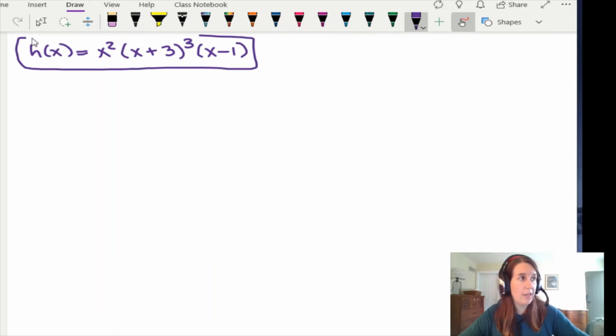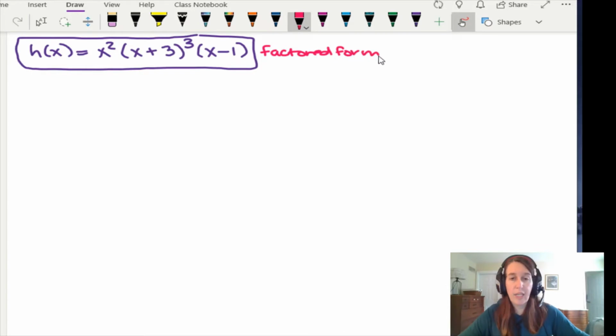We're going to do the same things with this function, and we notice that this is in factored form, which will make it easy to find the zeros, but we do need the standard form, that first term, the leading term. So let's just find that first.